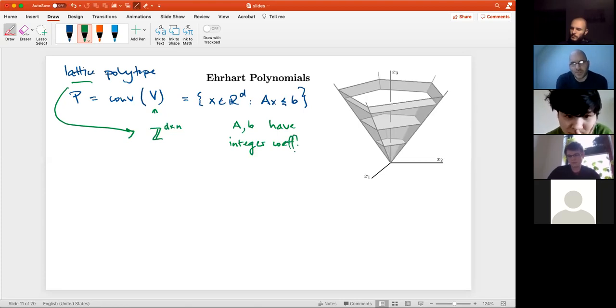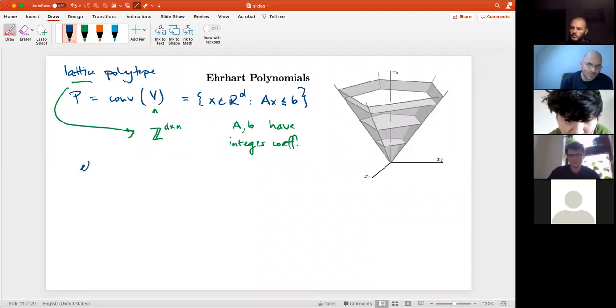But this does not mean that my vertices are automatically integer vectors. So it goes in one direction.